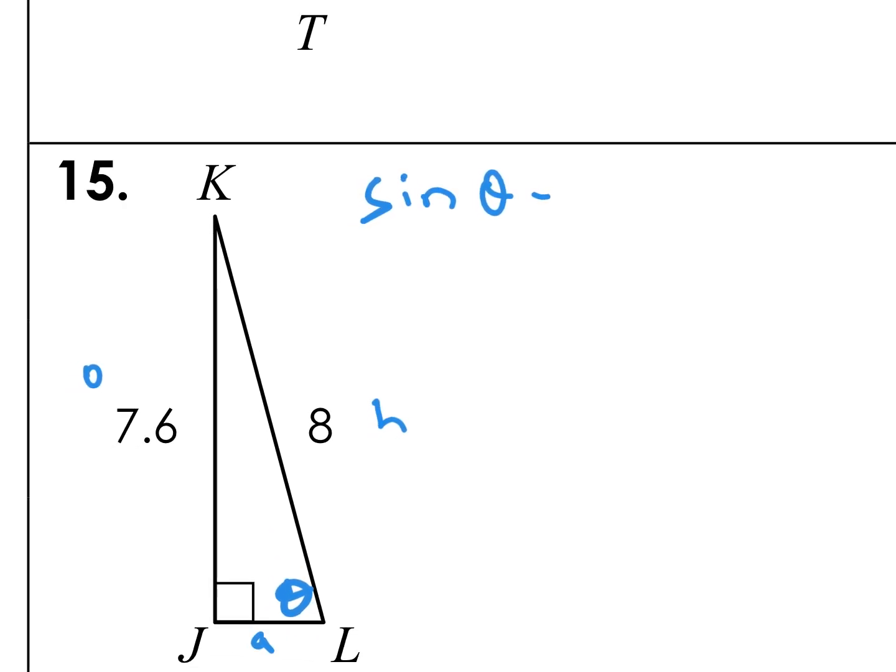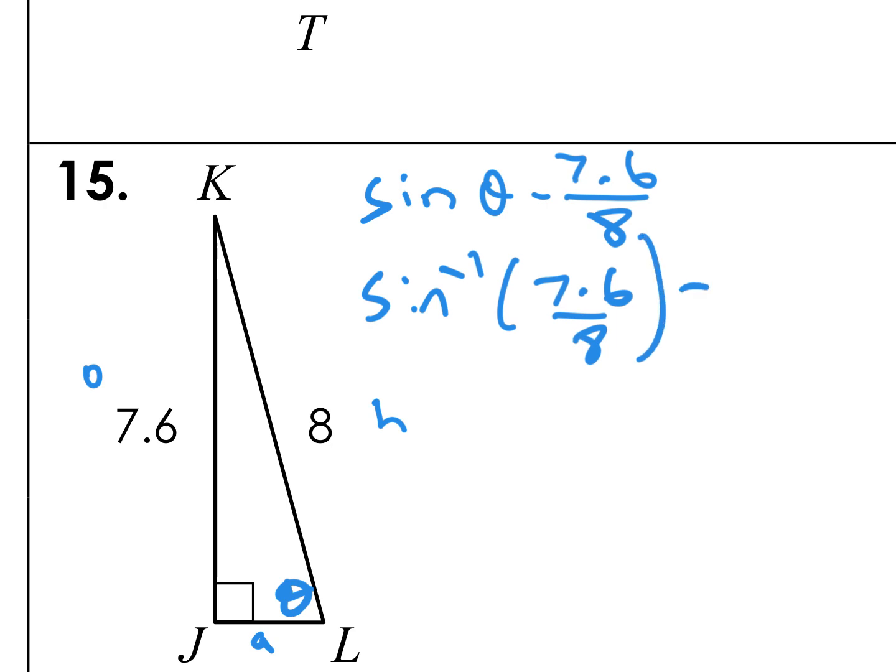Sine of theta must be equal to 7.6 over 8. I just got to say inverse sine of 7.6 over 8 must be theta.